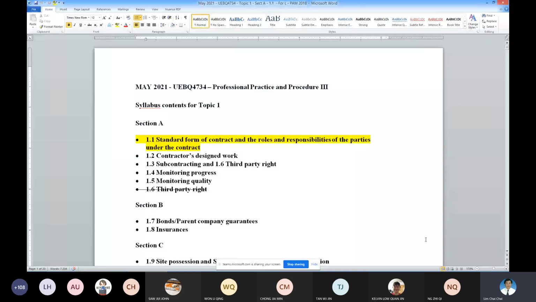Okay, so I repeat, it is impossible for you to study all the standard form of contracts within these few hours of the lectures and tutorial. Okay, but I will expose to you there are many standard forms in Malaysia and all over the other Commonwealth countries. The standard forms are there. So this is the background.